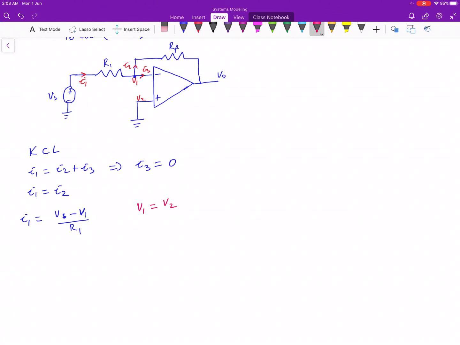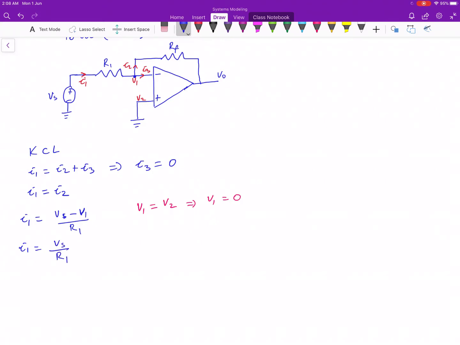V2 is connected to the ground. If V2 is connected to the ground, then V2 is equal to 0. This implies that V1 is equal to 0. So then we are going to have I1 is equal to Vs over R1.